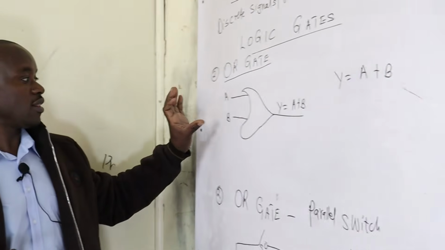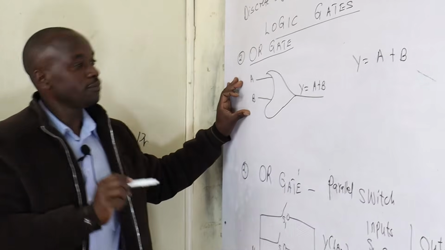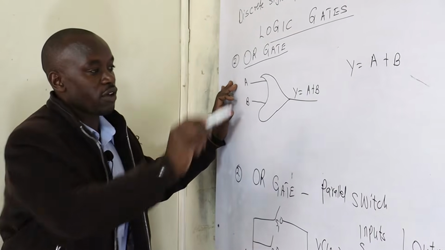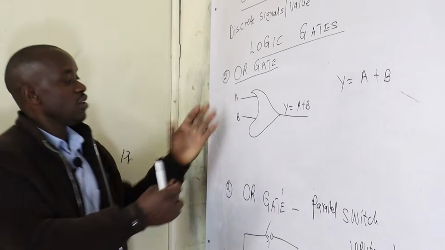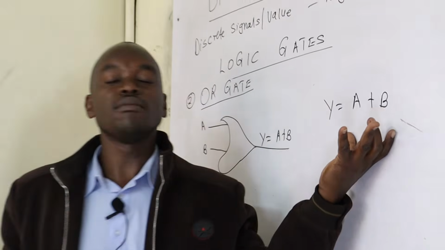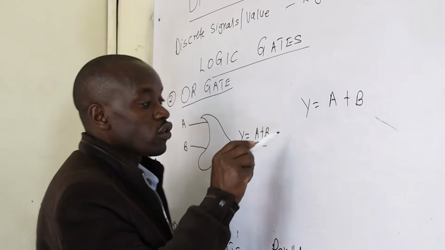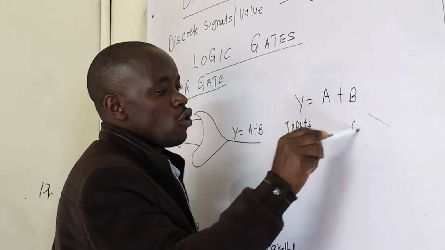So you can get questions saying that with the aid of a symbol, Boolean expression, and a truth table, describe an OR gate. So this is the symbol for an OR gate. This is the Boolean expression. What's remaining is a truth table. So I can draw the truth table here. We have the inputs and then the outputs.